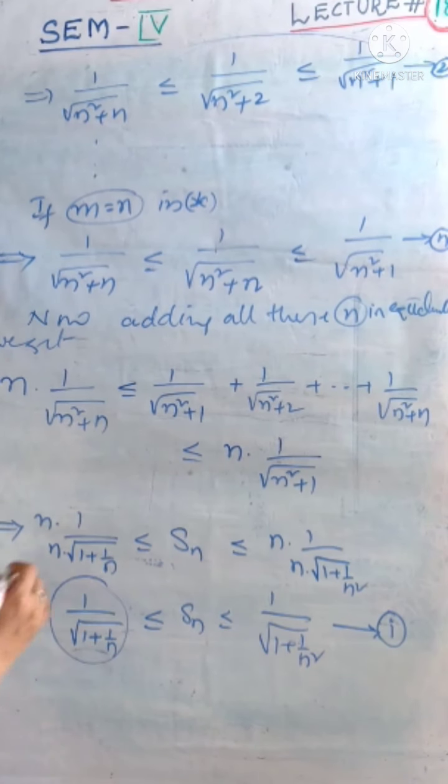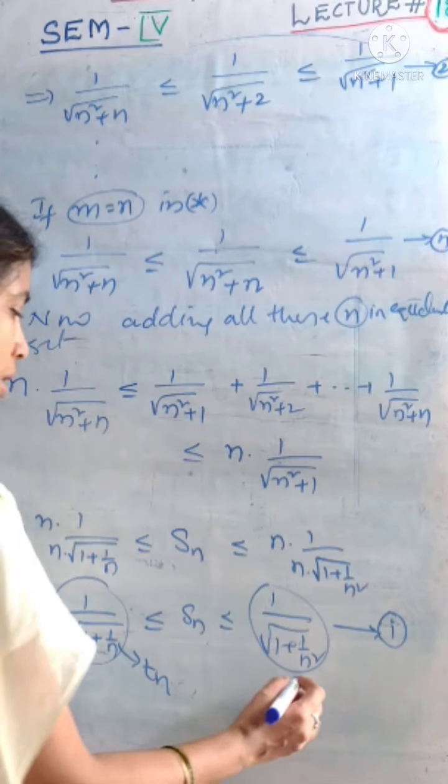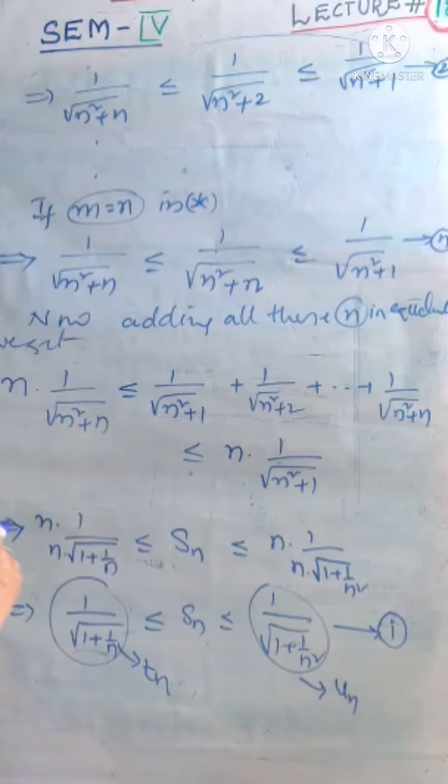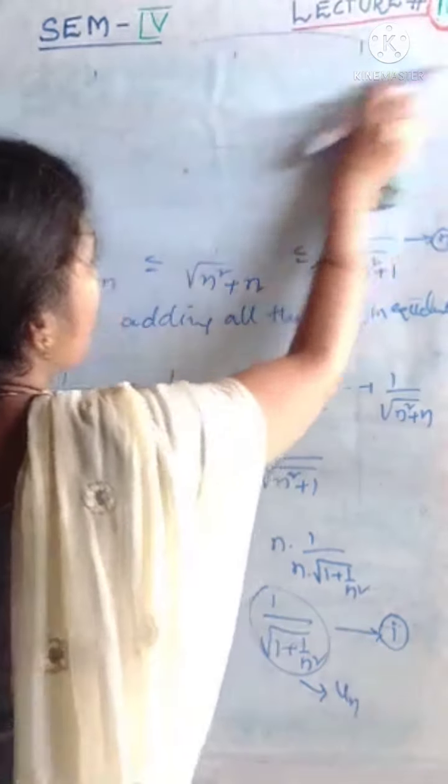To apply sandwich theorem, let us take the two sequences Tn and Un. Now let us find the limits of Tn and Un.